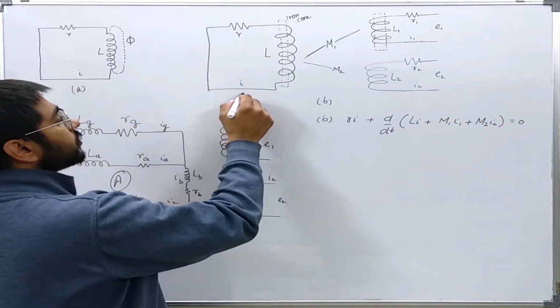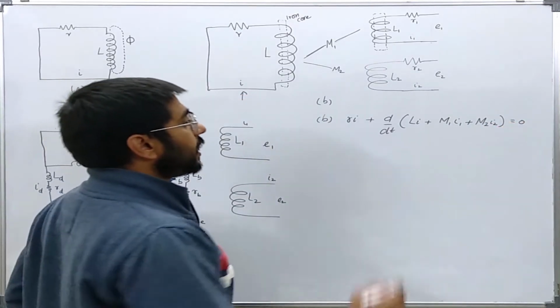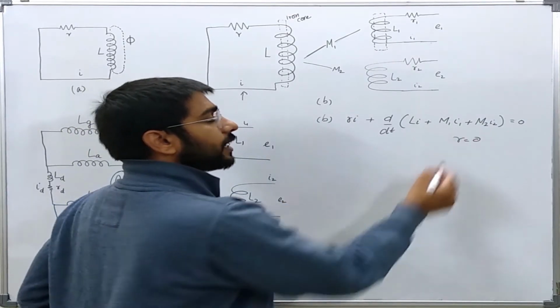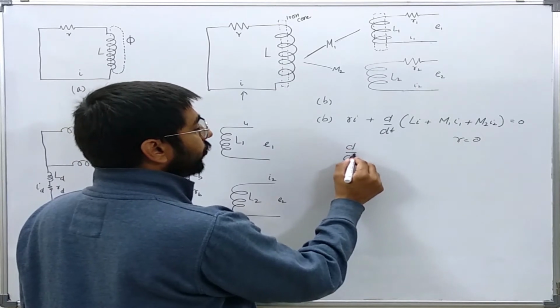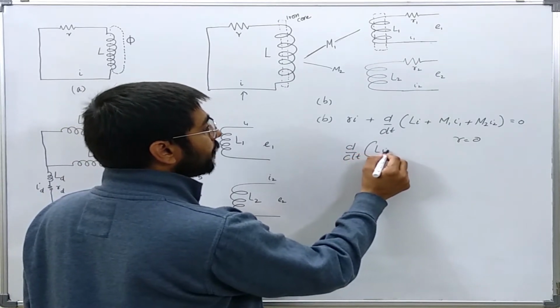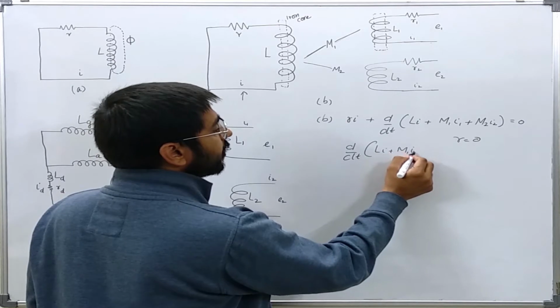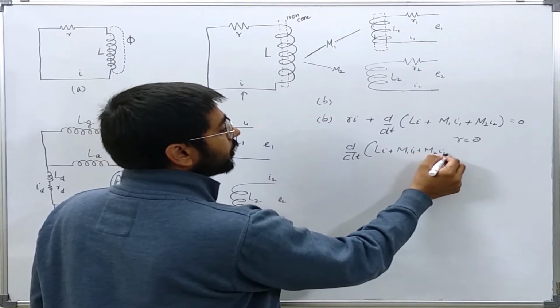So again this is a closed circuit, and if R is equal to 0 according to the conditions of our theorem, then we can clearly see that d by dt of Li plus M1 I1 plus M2 I2 is equal to 0.